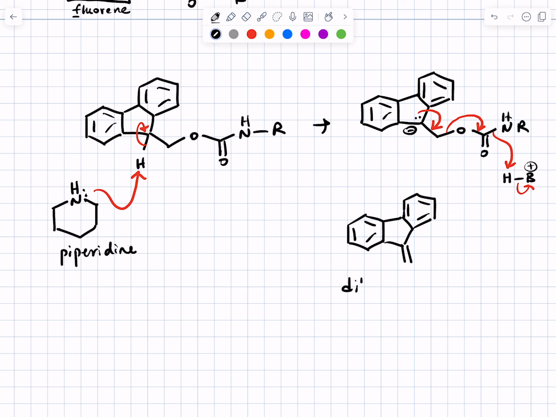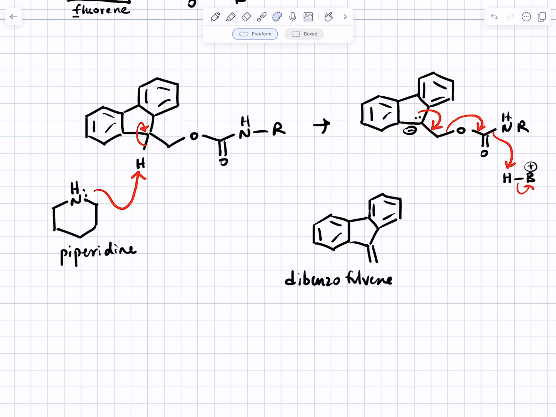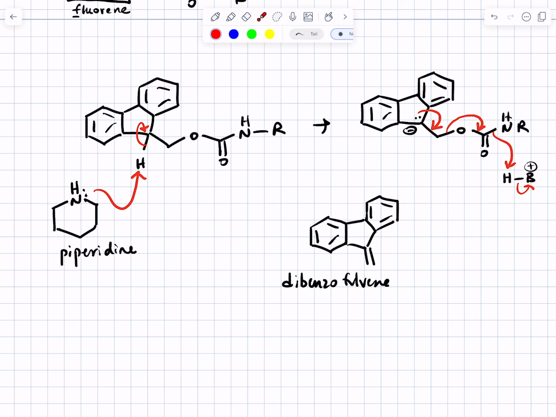This piece is now called dibenzofulvene. You don't need to know what that is, but you can see it by UV-vis spectroscopy, and sometimes people monitor the appearance of this group as evidence for FMOC deprotection. CO2 leaves, and then over here you've got your amine. That's the deprotection mechanism.